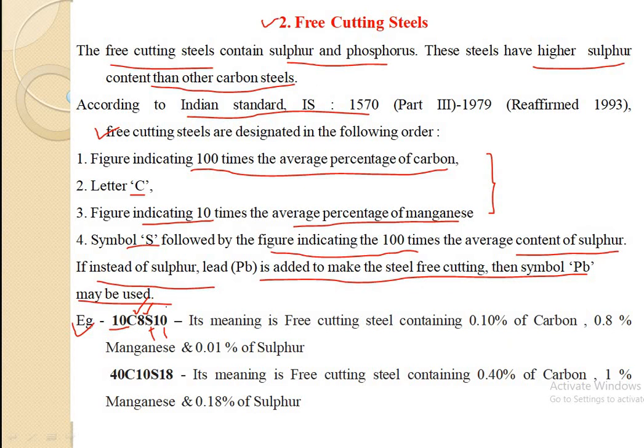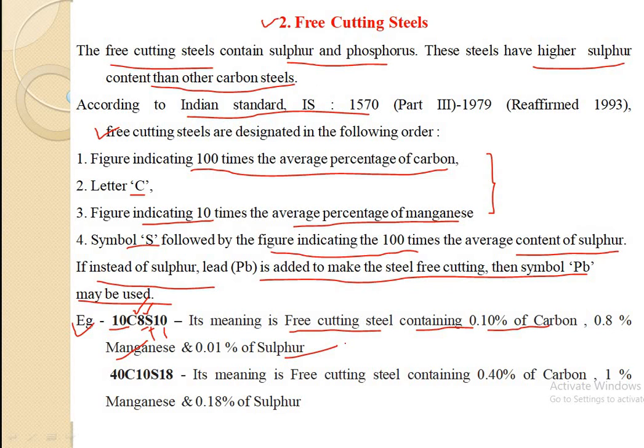Means we can get the information that this is a free cutting steel. Its meaning is it is a free cutting steel containing 10 divided by 100, 0.1 percentage of carbon, C for carbon, 8 divided by 10, it indicates manganese, S for sulfur, and 10 divided by 100, 0.1 percentage of sulfur.